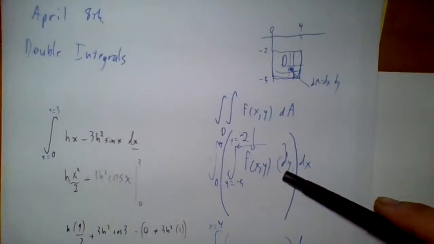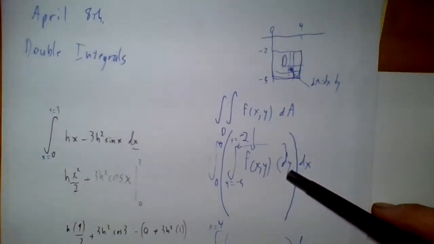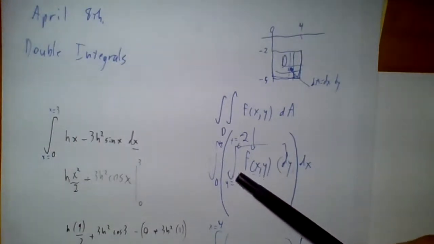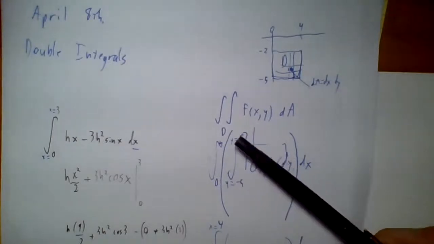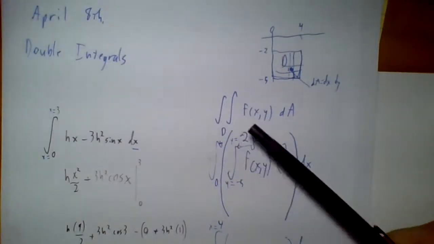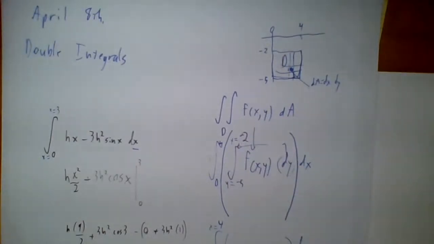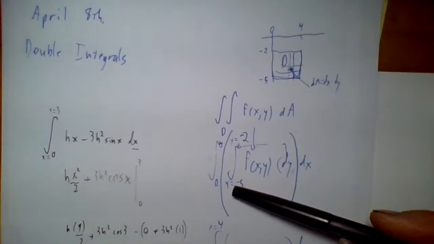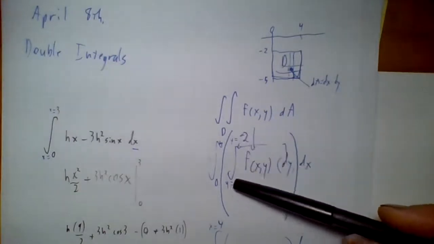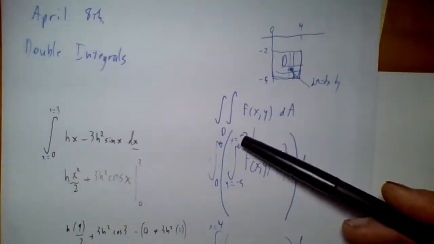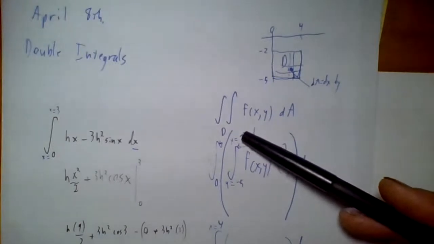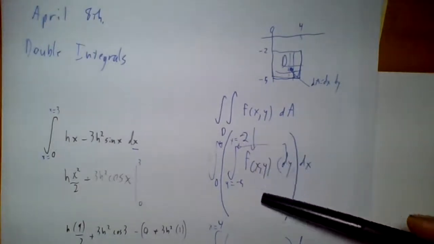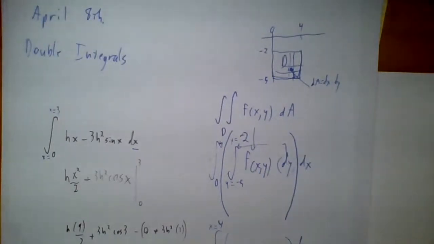If the dy is the first one in our list, then the first inside integral over here is an integral with respect to y. So whatever you put on here has to be y equals something. Now, as we go along, that's not just going to be y values as numbers, but these can be functions of x that we go to and from, because we could have functions of x here that we plug in to this, still end up with a function of x here.